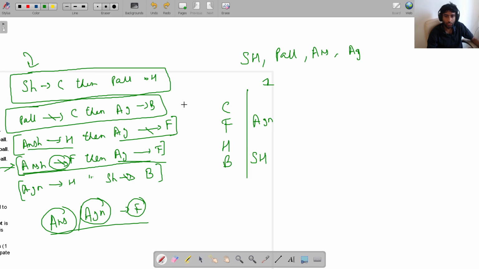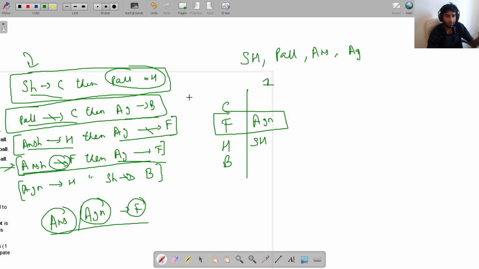Let's try Shaurya at hockey. So when I try Shaurya at hockey, what I also understand from my previous 2 cases which I had built is that when I play Shaurya in cricket, then I cannot place Pallav in hockey, right? And when I don't place Pallav in cricket, then Agnivesh must be basketball. And I know that I have already placed Agnivesh in football, right? So anyway, Agnivesh cannot be basketball.